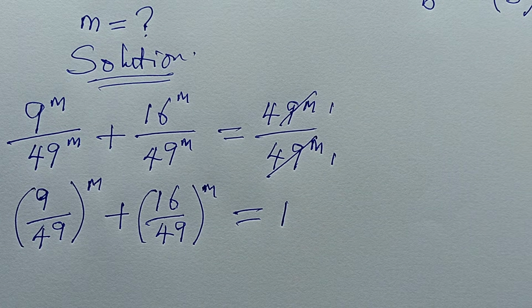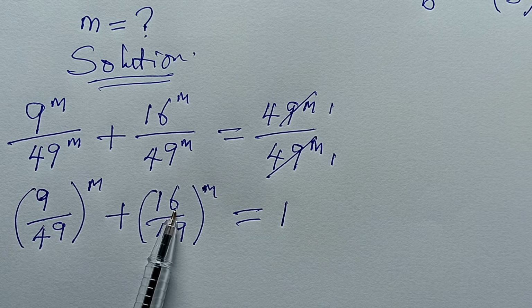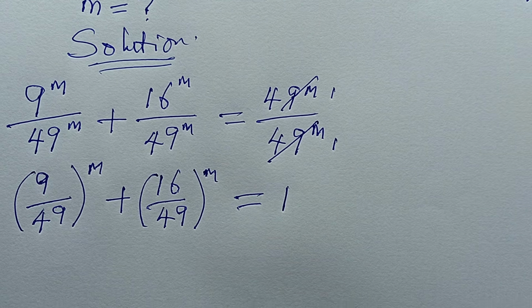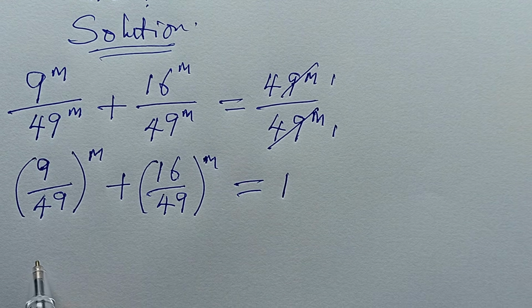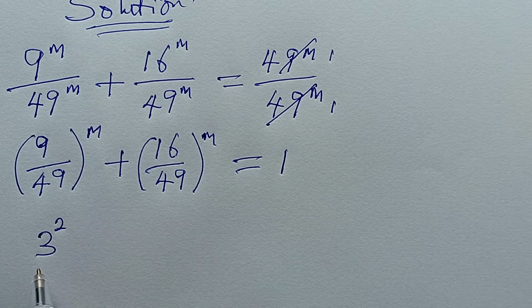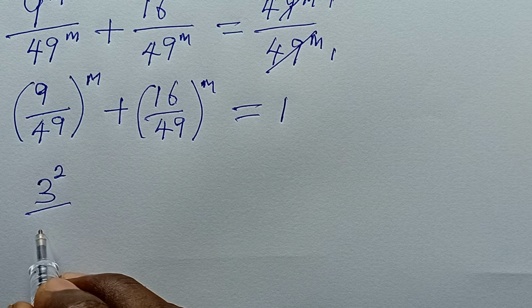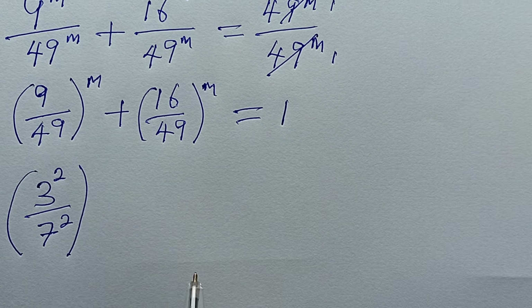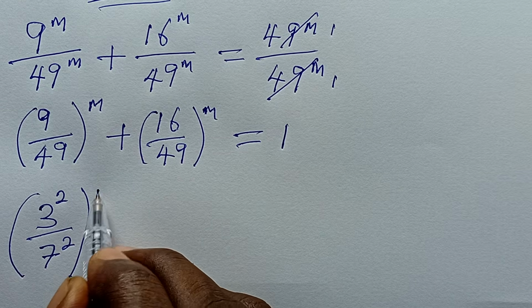Okay, so here comes the first step, which I said that 9 is a perfect square, 49 is also a perfect square, 16 is a perfect square. So we'll go ahead and rewrite these numbers in their simplest base. And so 9 can be written as 3 to the power of 2, and 49 is the same thing as 7 to the power of 2, everything raised to the power of m.